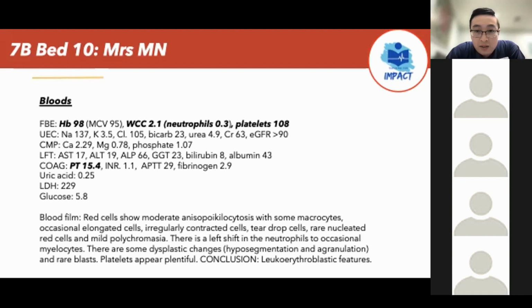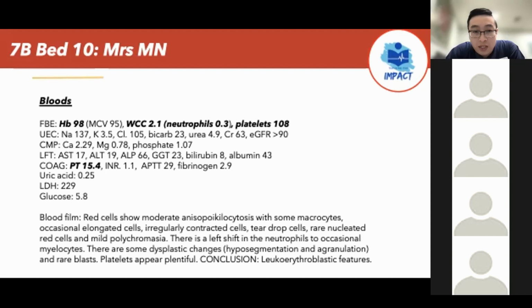And the last big word here is leukoerythroblastic features. Leukoerythroblastic anemia refers to the presence of nucleated red cells and early myeloid cells, which can occur with or without anemia. So again, quite a non-specific feature.